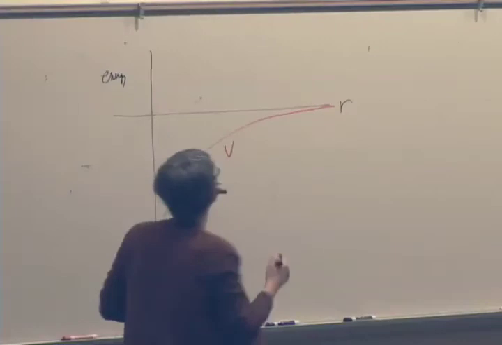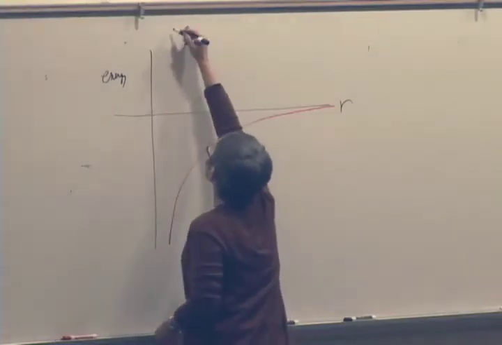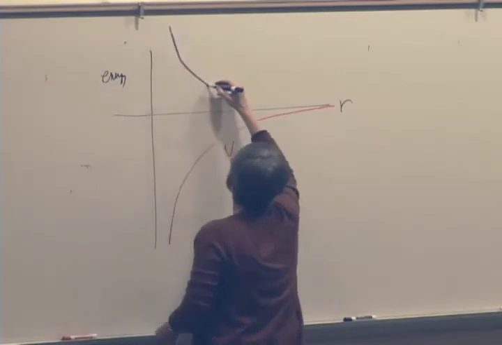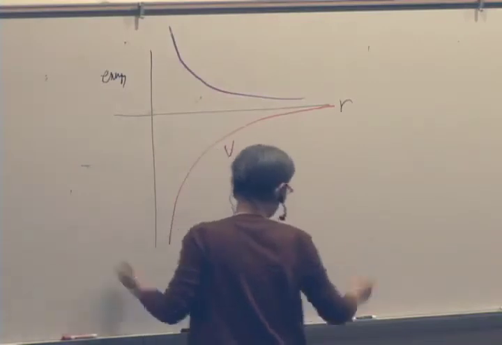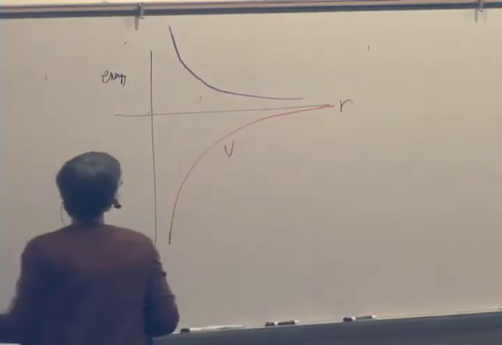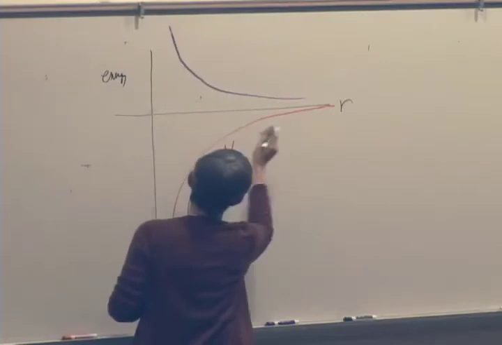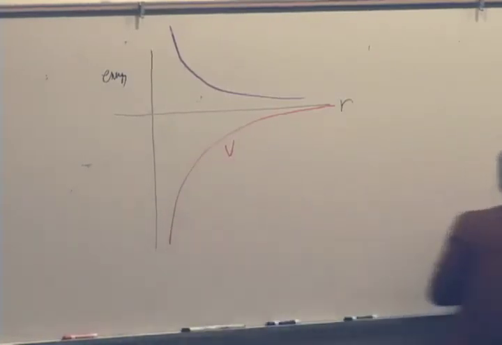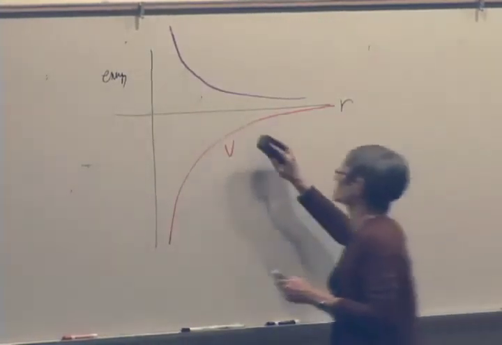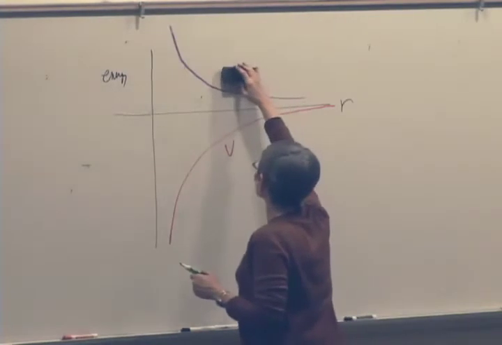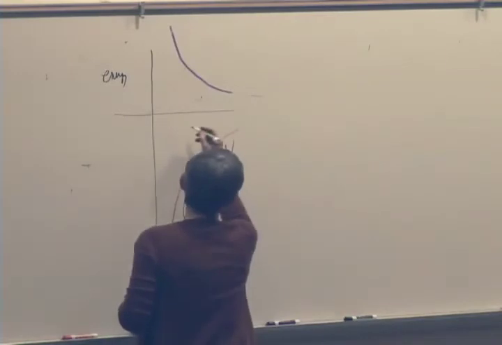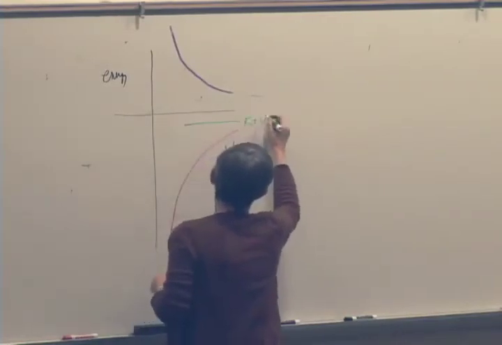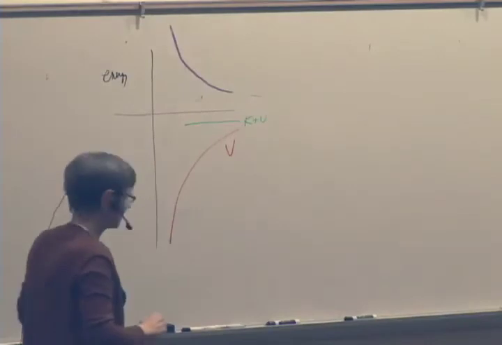No. So it was positive, and it did something like this, and we had the sum. The sum was actually, in fact, we weren't looking at this whole graph, were we? Because it never really got that far away. So we were looking at some piece of a graph like that, and we had K plus U kind of like that.